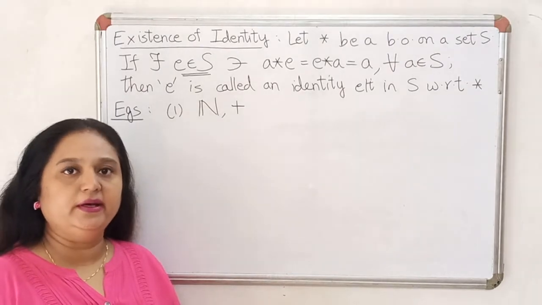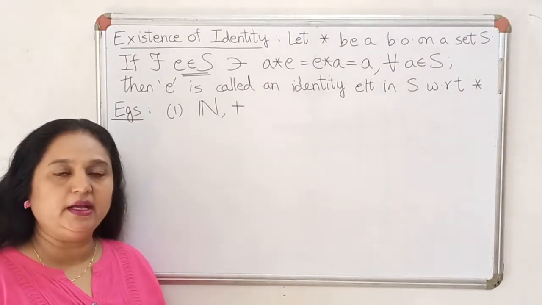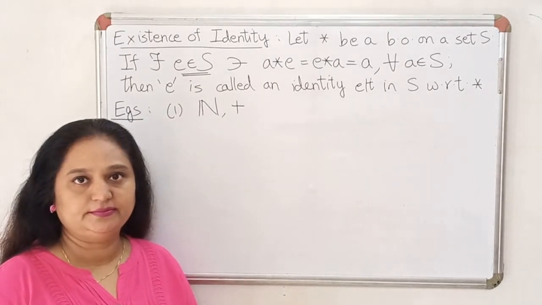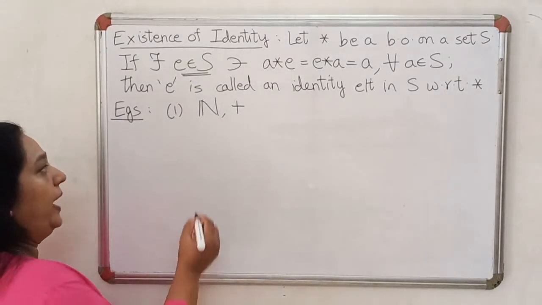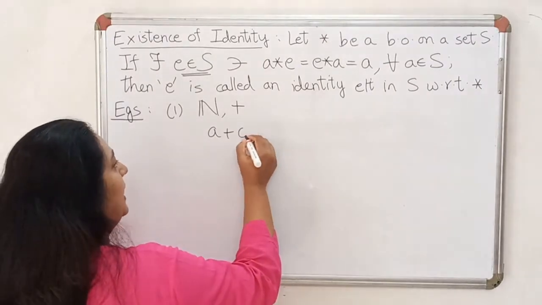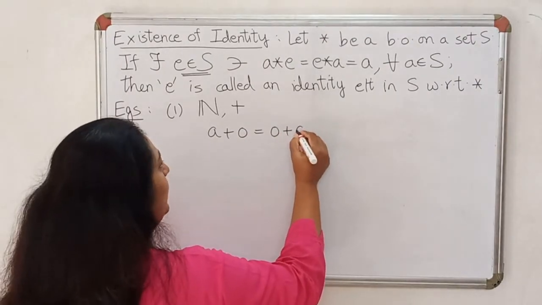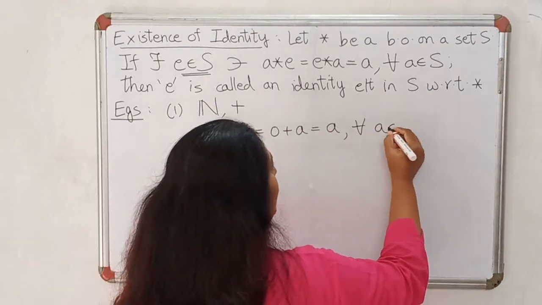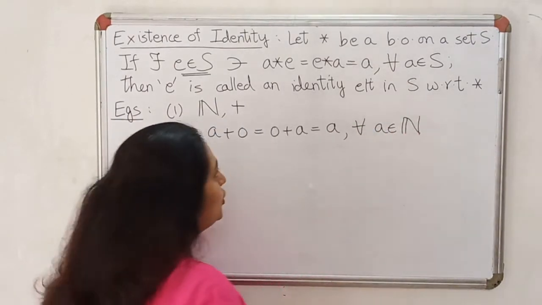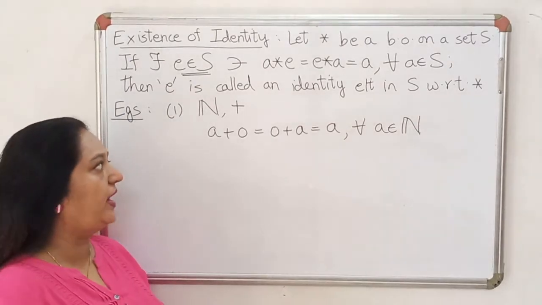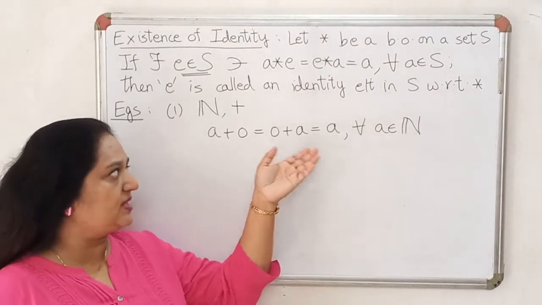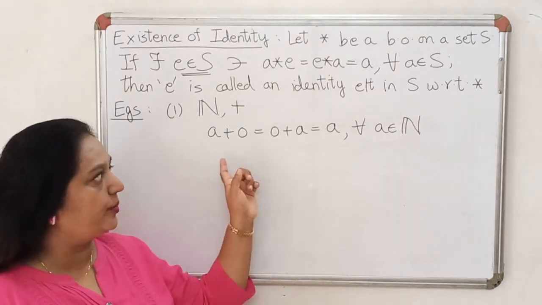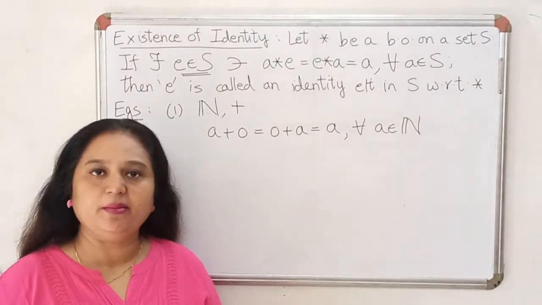The question is whether this set has an identity with respect to the given operation. So I do know that A plus 0 is 0 plus A, and that will always give me A for every natural number. So I know that 0 does satisfy this equation from both sides, left as well as right. So every element combined with 0 under this operation always gives me back the same element.